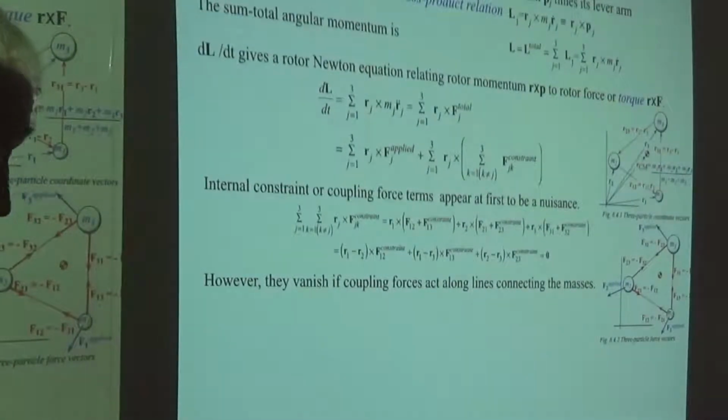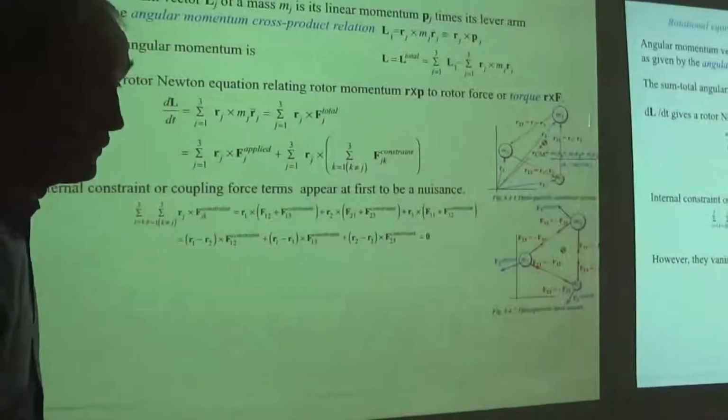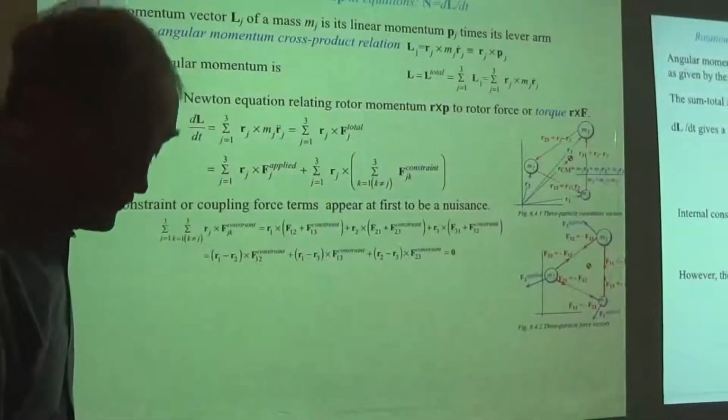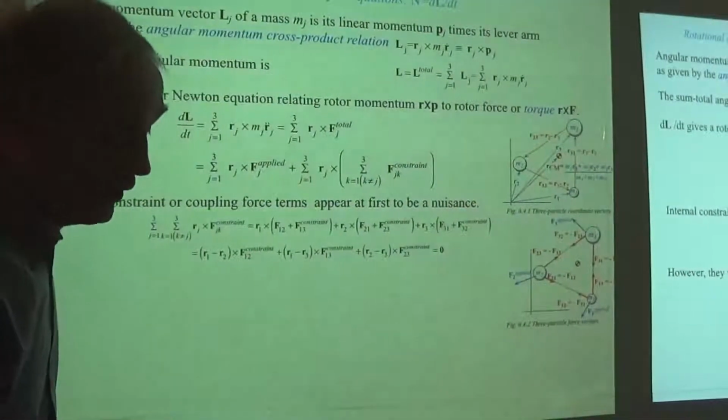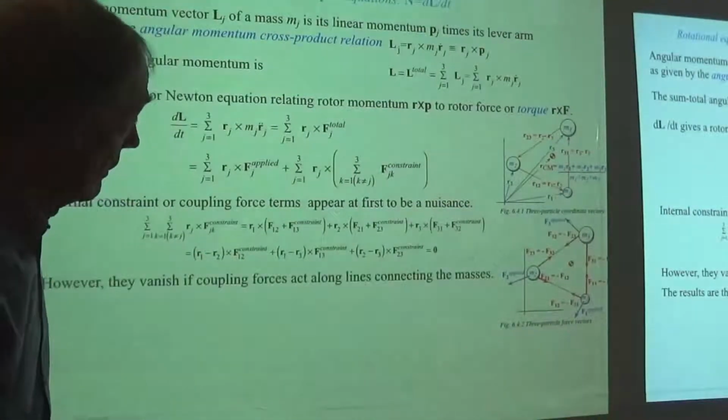So anyway, that's what we're headed to here, to get the equivalent of F equals ma, but really the momentum time derivative equal to some kind of generalized force. In this case, the generalized force is called a torque.